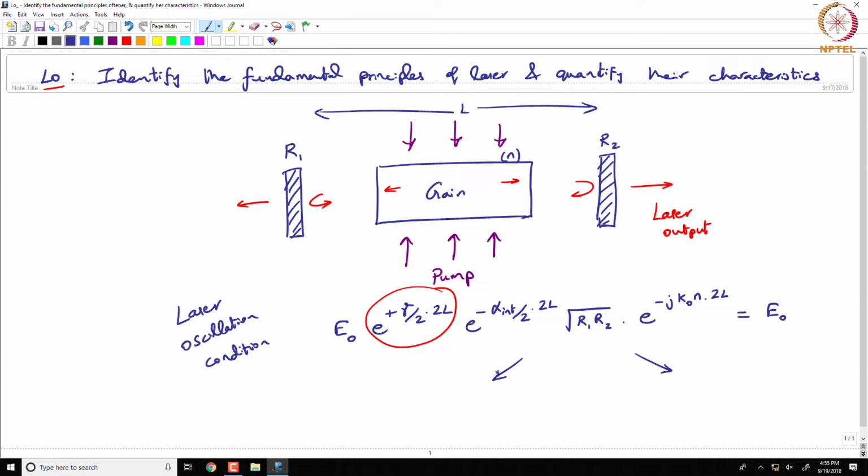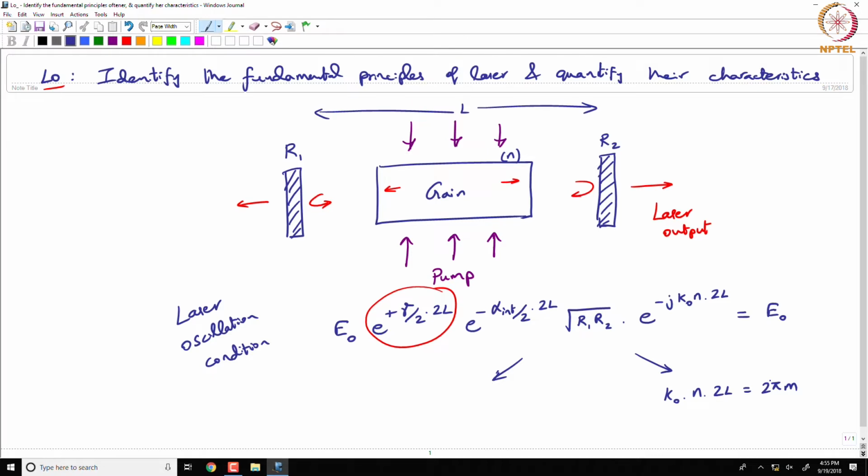One where you can say that the phase condition is going to be satisfied if k naught multiplied by n multiplied by 2L is integral multiples of 2 pi m, right. So, that is basically the constructive interference condition, right.